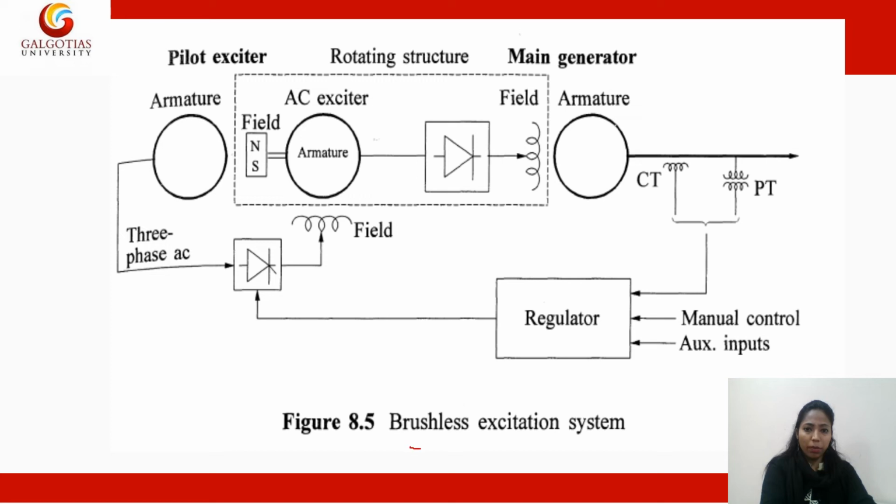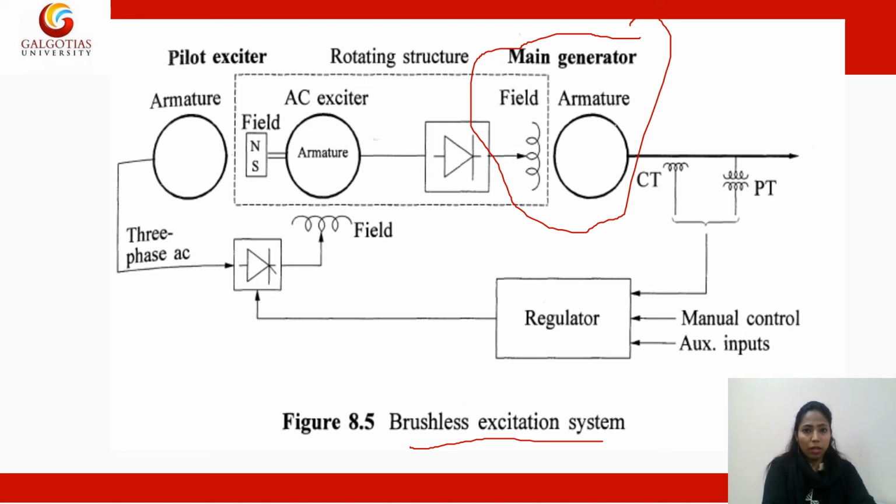This is showing the brushless excitation system. We have the main generator, with the field winding and the armature shown here, and CT and PT are used for protection. Then there is the regulator, with the manual control and the auxiliary input coming in. Then we have the AC exciter and pilot exciter. You can see the slip rings are not shown here because it's a brushless excitation system, so slip rings are removed.